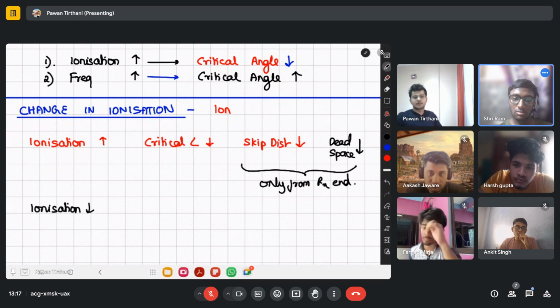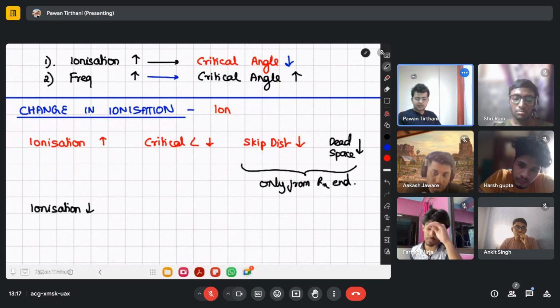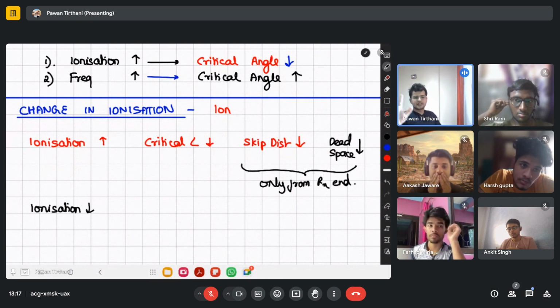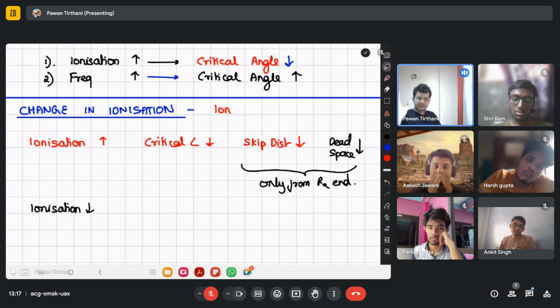See, it's very simple. Ionization का increase decrease means ionosphere का power. Ionosphere is a guy sitting at the top level. If the ionosphere is strong, he can refract the waves at a very, very small angle also.